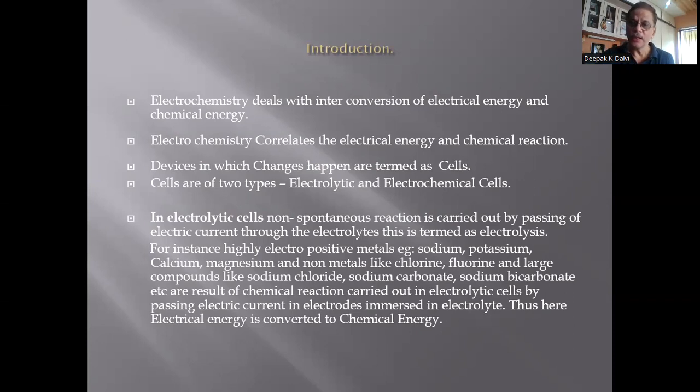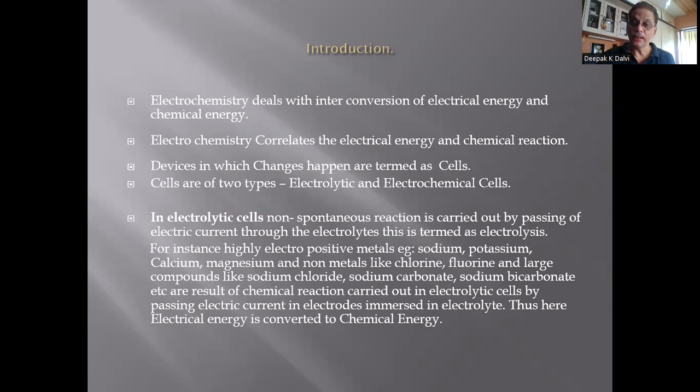So they can be electrolytic cells or electrochemical cells. Electrochemical cells means there are chemicals inside the cell, different types of chemicals, and the reaction in those chemicals causes electric energy to be delivered when they are connected in an electric circuit.